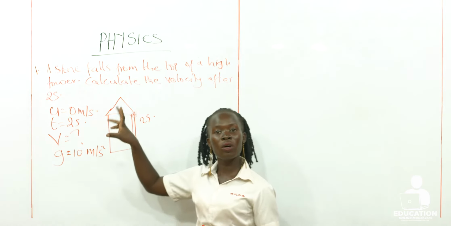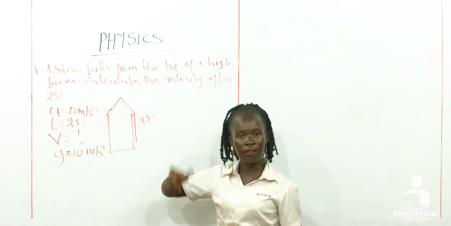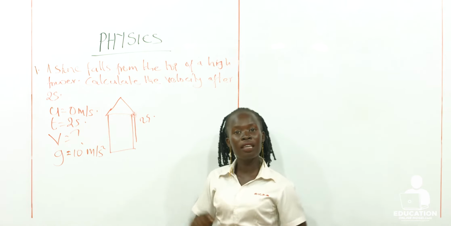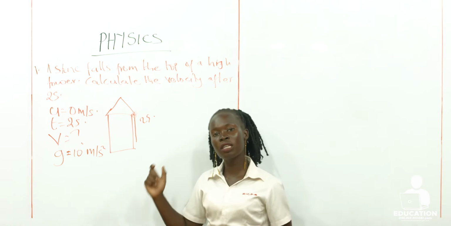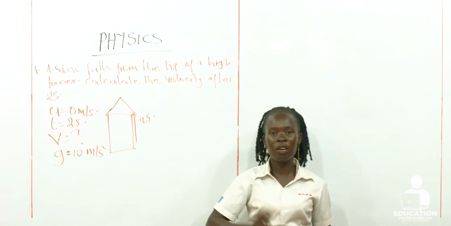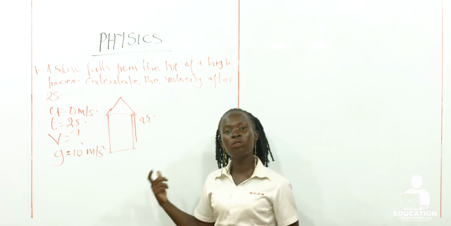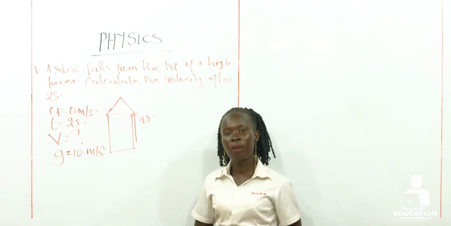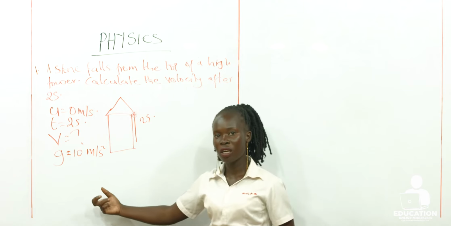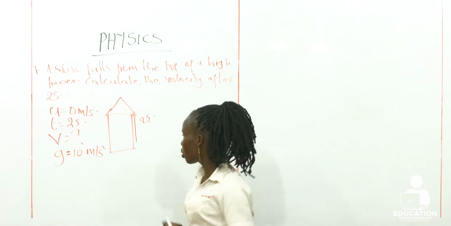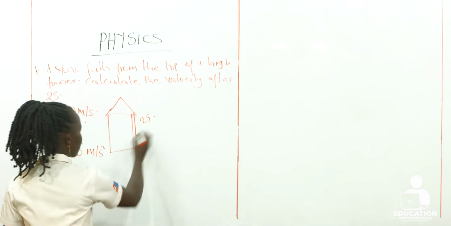The question did not talk about the distance covered by the stone falling from the top of the tower. That means any of these equations that have displacement in them won't be applicable here. So we are going to use the first equation of motion under gravity for our question. So what is that equation? We have it as our v.